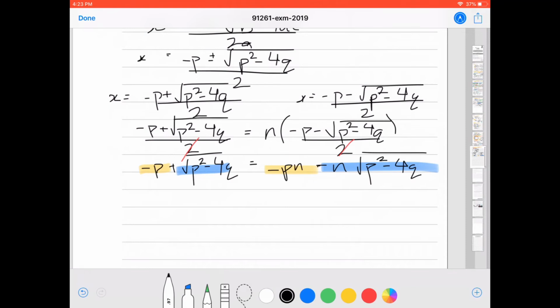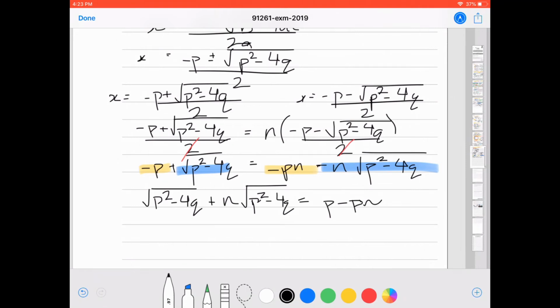We could say root of p squared minus 4q plus n times root of p squared minus 4q. This equals, and we'll say p minus p times n on our right hand side.